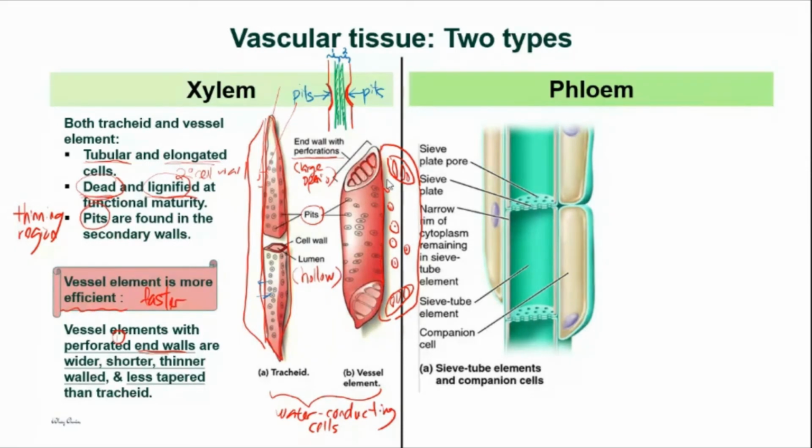Kekuatan perforated end walls ialah, tadi I show you how they arrange side to side. Macam mana xylem vessel tu boleh side to side. Tetapi sebenarnya, as I say, they are a tube-like structure, right? So they also will join end wall to end wall. So this is another xylem vessel at the bottom of the first xylem vessel we study. So their end walls will join.